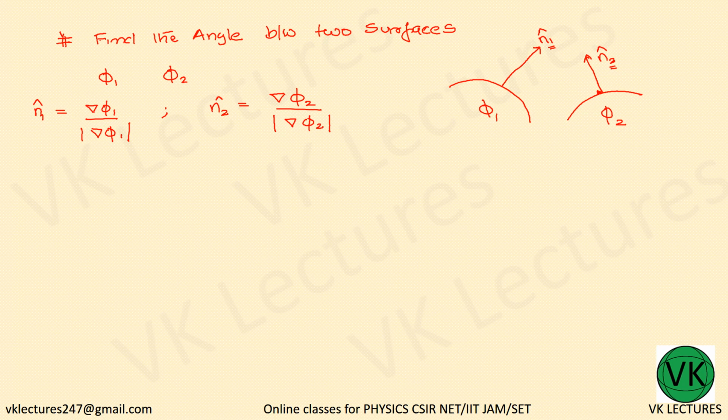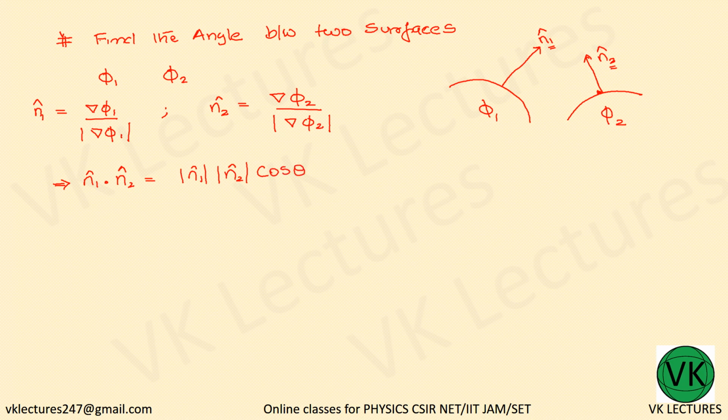So n1 cap dot n2 cap equals magnitude of n1 cap times magnitude of n2 cap times cos theta.